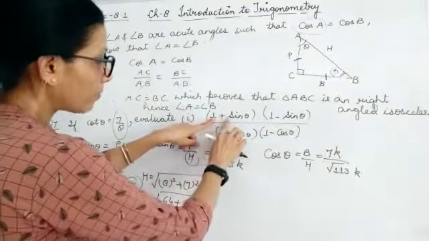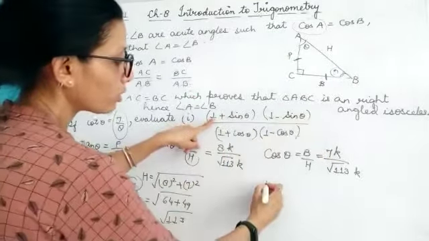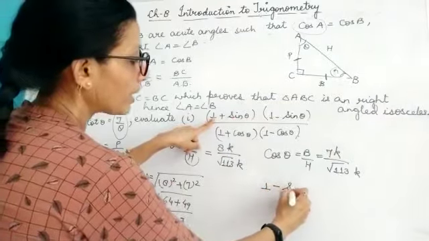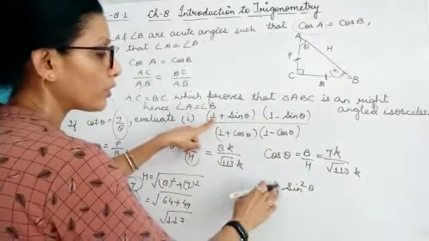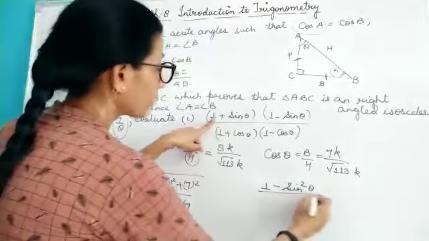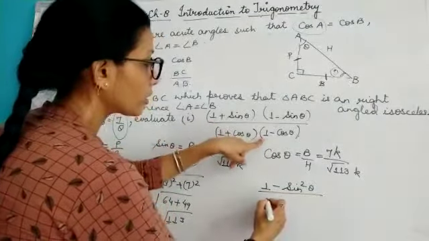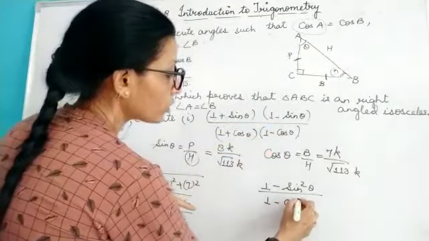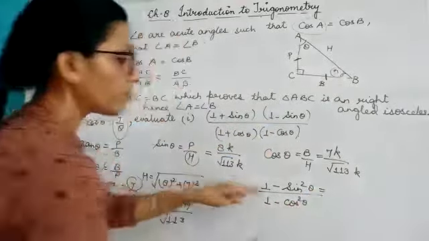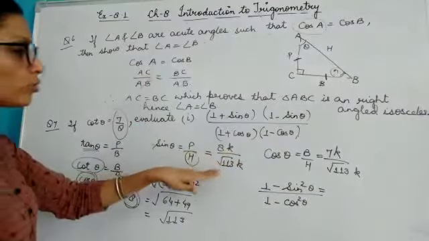This is the a plus b, a minus b formula. So simply I can write it as 1 minus sin square theta, which gives me a square minus b square. So here it is again 1 plus cos theta, 1 minus cos theta, which can be written as 1 minus cos square theta.